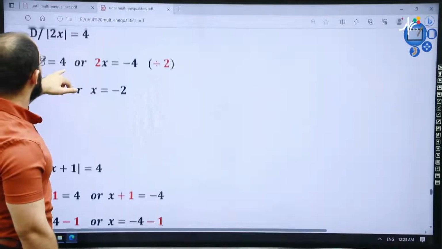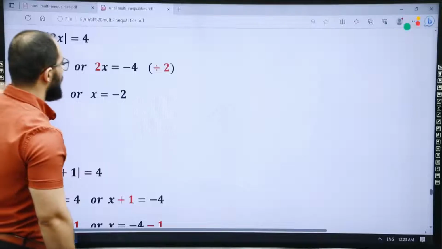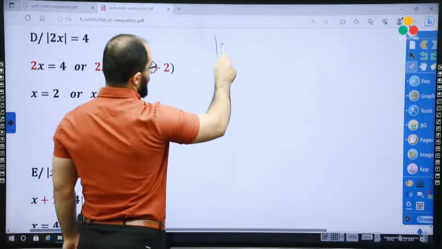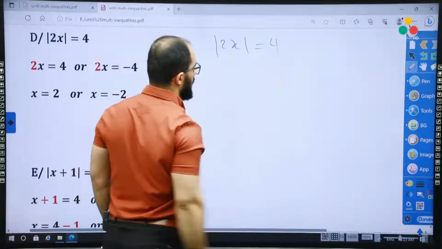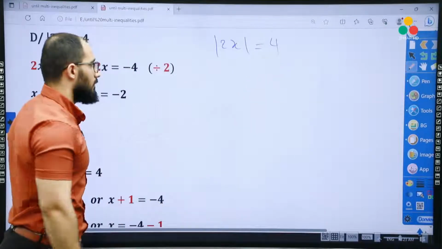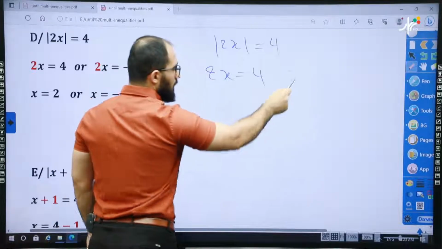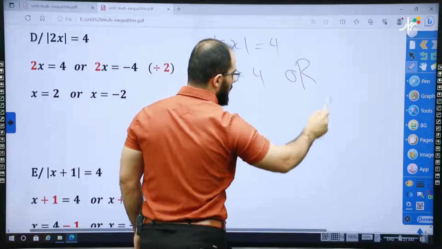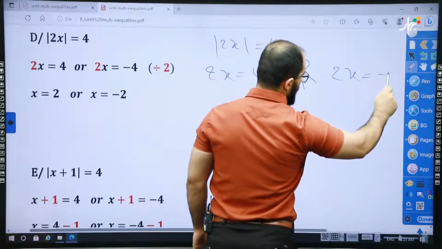Then we have example D. The absolute value of 2x is equal to 4. So right now we can say 2x is equal to 4 or 2x is equal to negative 4.